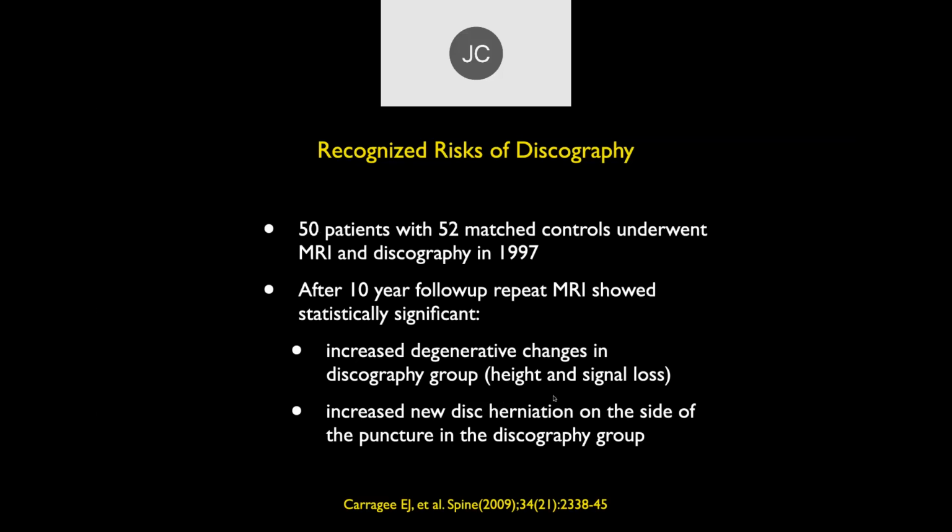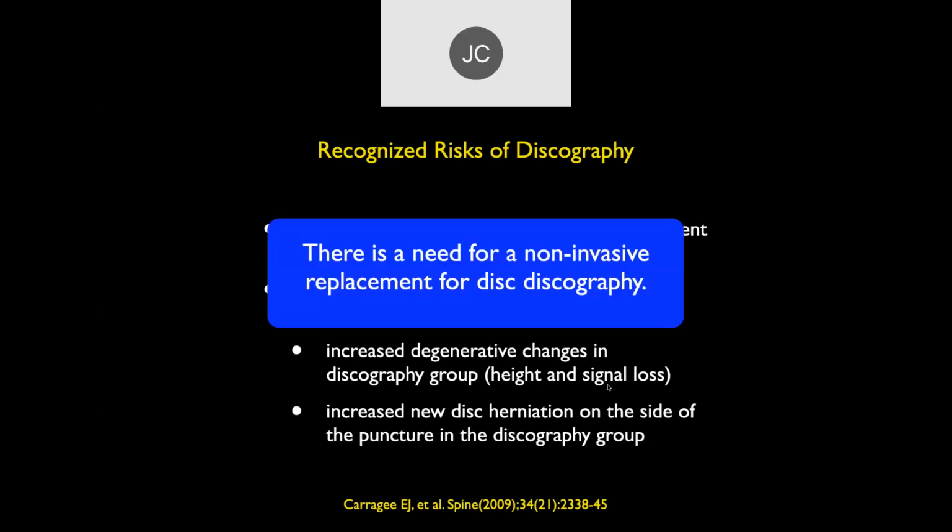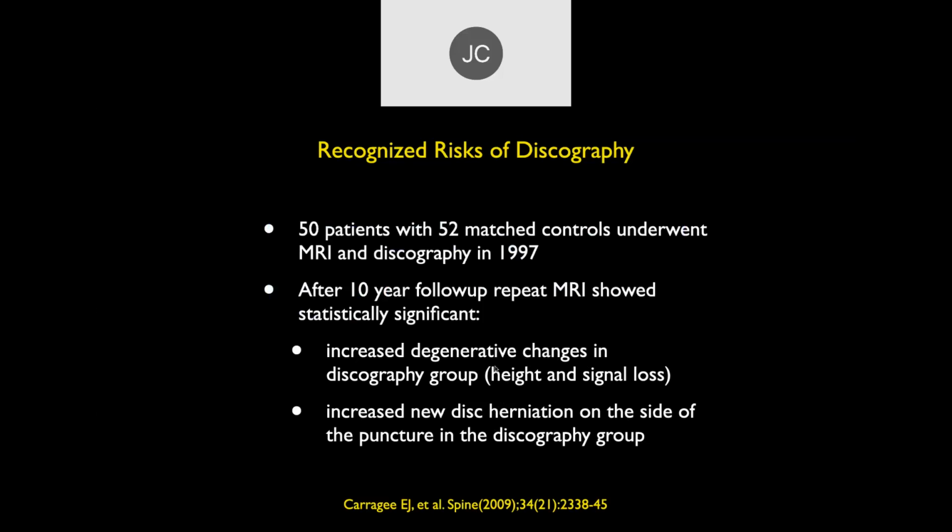What they found is that in the disc where they did the injection, there was a statistically significant decrease in height and decrease in signal. Now, it could be that this was a disc that might have been abnormal to begin with, and therefore was going to degenerate faster. But the other thought is that the discogram itself damages the disc and leads to degenerative disc disease.